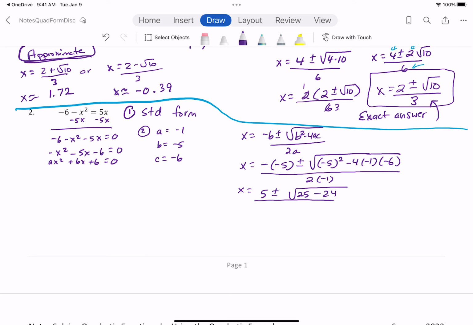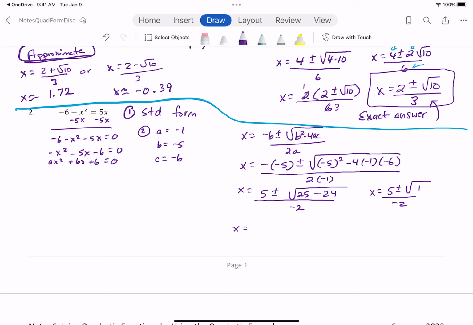Over 2 times negative 1 is negative 2. So if I simplify under the radical, 25 minus 24 is 1. And this time, I didn't get a root like square root of 10.